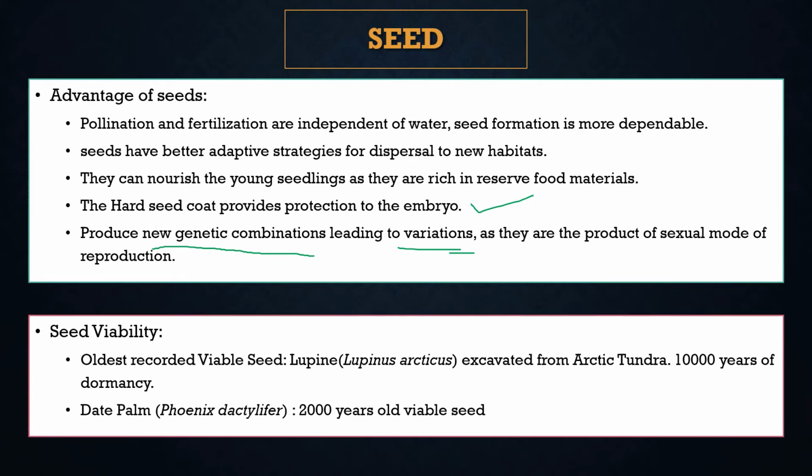Again, that seed can survive and be viable for almost 2000 years. That is Phoenix dactylifera, its scientific name. So again, as I said, seed viability differs to a great extent. Some of them can survive for thousands of years, as you can see in this particular case.